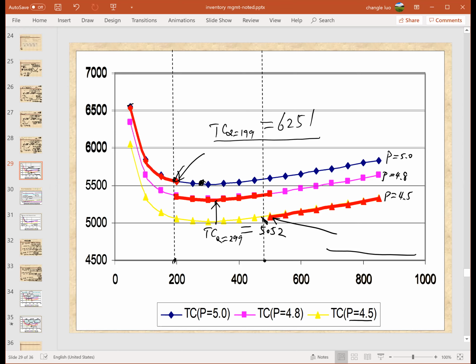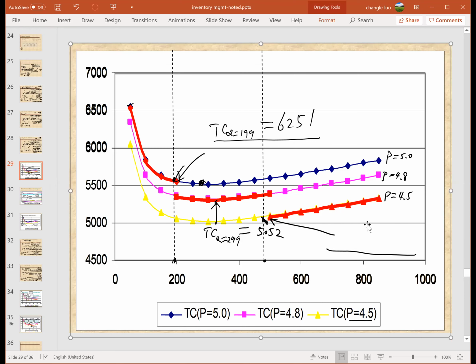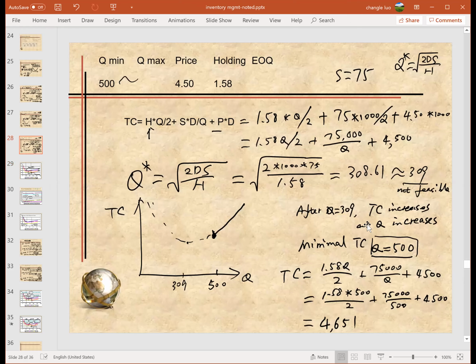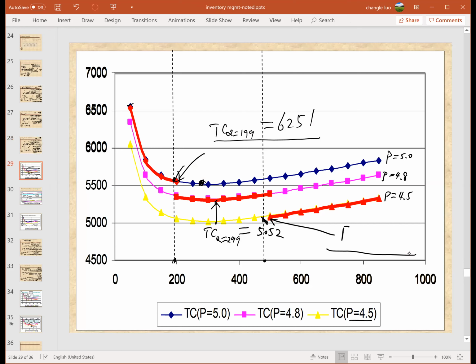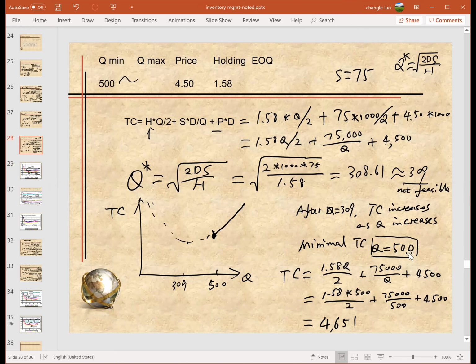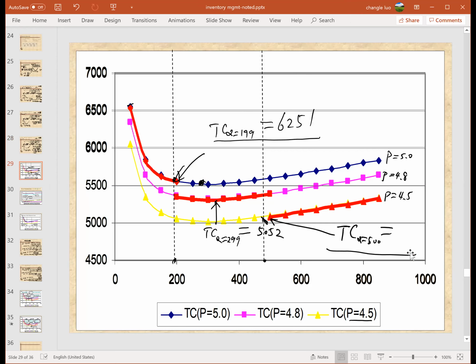And for this one, we can find that the minimal total cost can be achieved at Q equals to 500. So TC when Q equals to 500, the total cost is 4651.